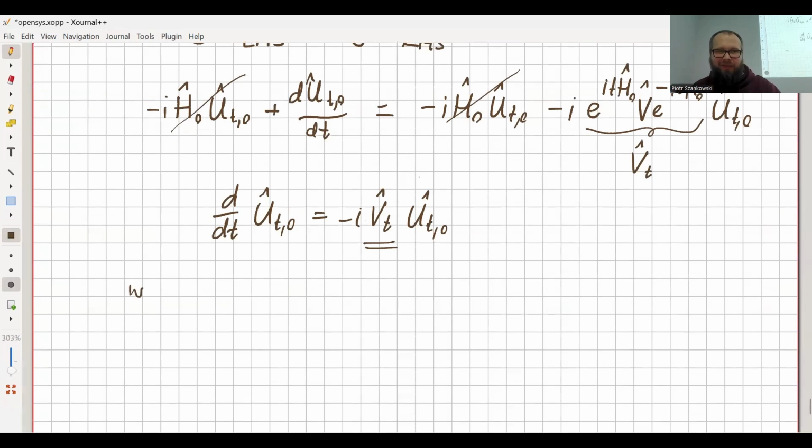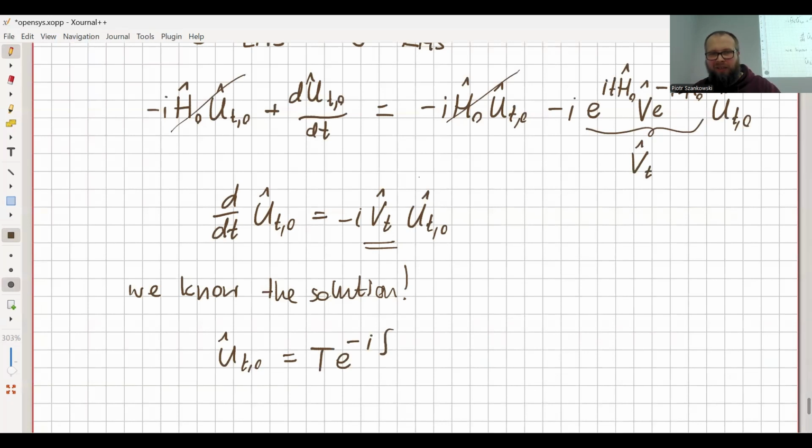We know the solution. u t equals time-ordered e to the minus i integral from 0 to t of V u du, which is the disentanglement theorem.